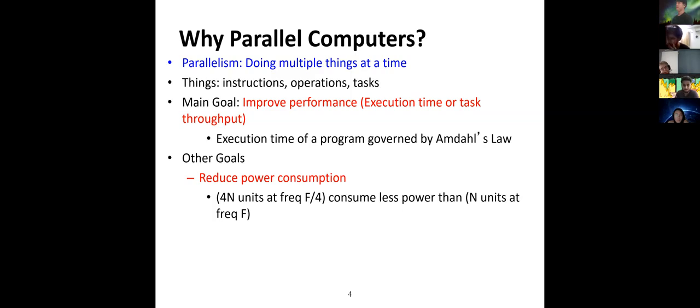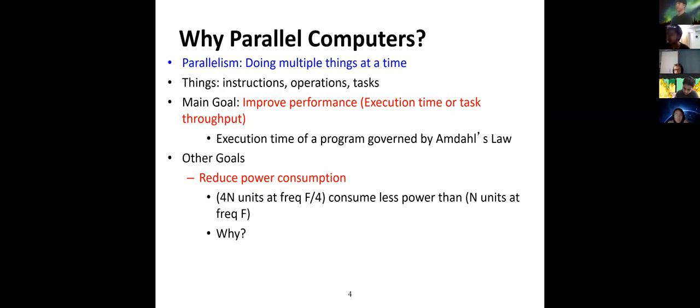For example, I might have 4 compute units that run at a quarter of the frequency, and they would consume less power than one unit, n units at frequency f. So it creates a trade-off where you can have fewer, less powerful units being more power efficient, right? But the question is how to get similar performance with them, which can be tricky.